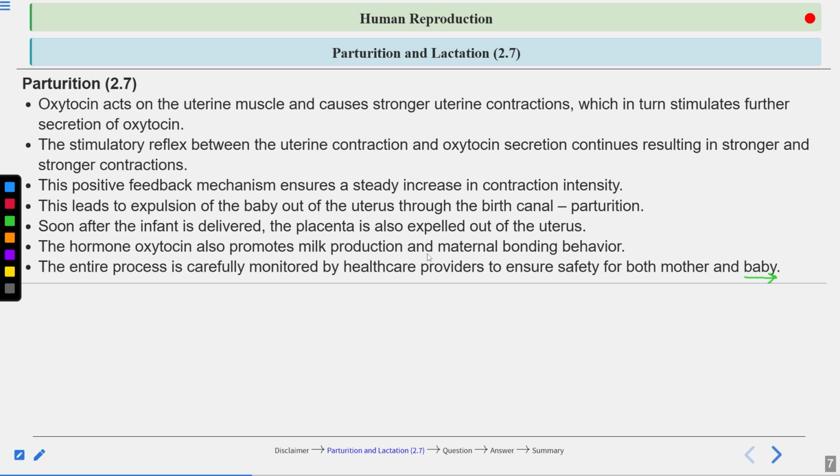Childbirth should be done under the supervision of doctors and healthcare providers, because there can be a lot of blood loss, and this can lead to death of the mother as well. Sometimes the child can also die.